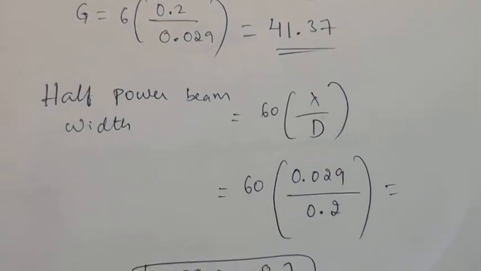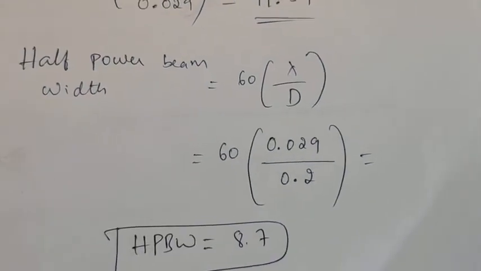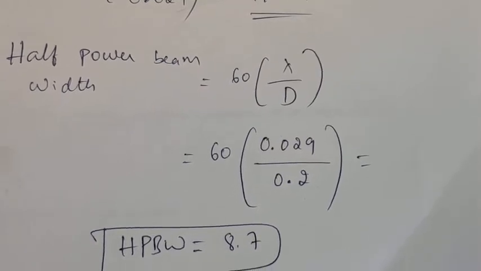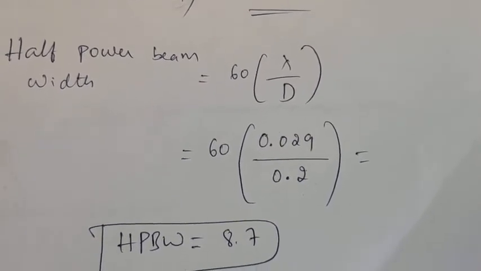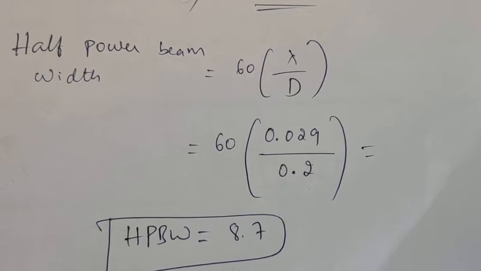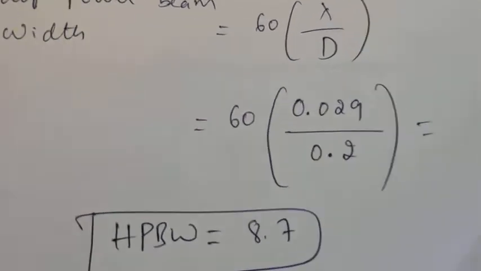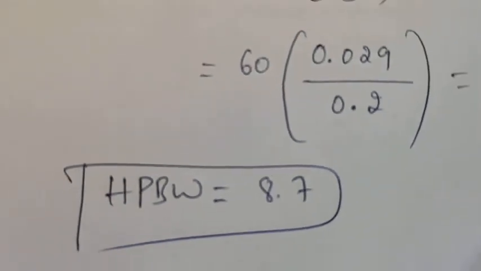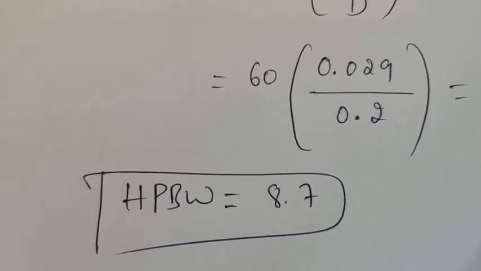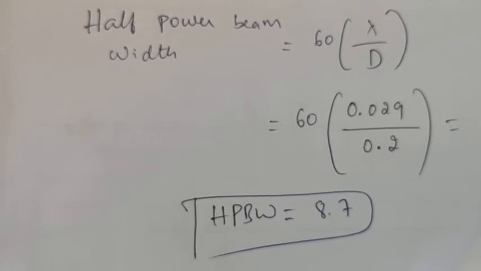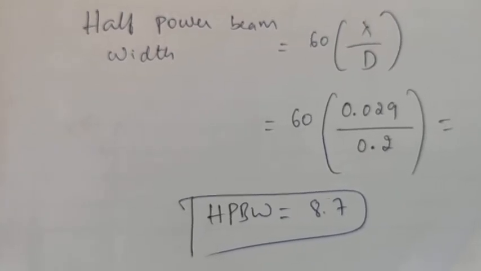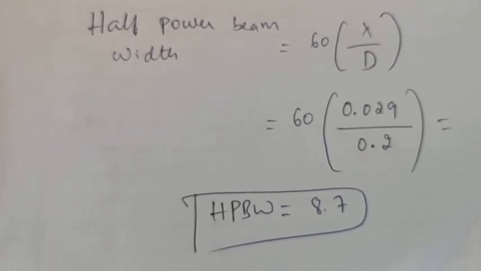Then we need to find the half power beam width. The formula is 60 into lambda by d, so 60 into 0.029 by 0.2. Therefore the half power beam width we got is 8.7. These are the parameters we measured for the parabolic dish antenna. Thank you.